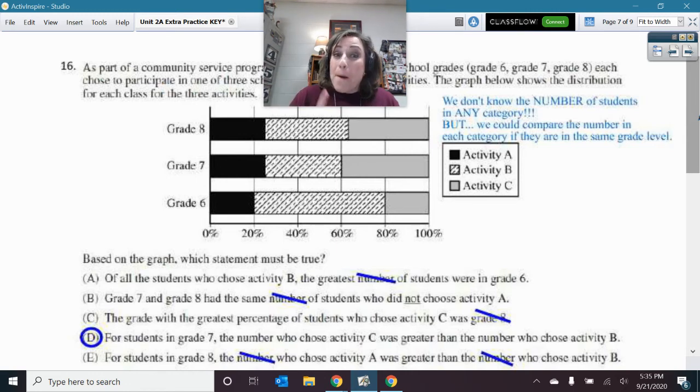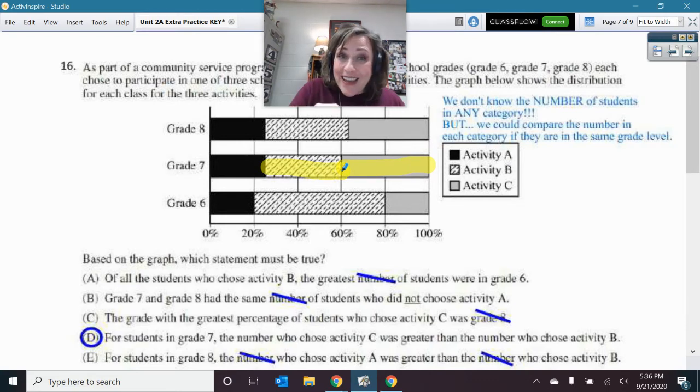Okay, but if we looked at part D, it actually is comparing completely in seventh grade. So it's comparing the number who chose activity C in seventh grade to the number who chose activity B in seventh grade.